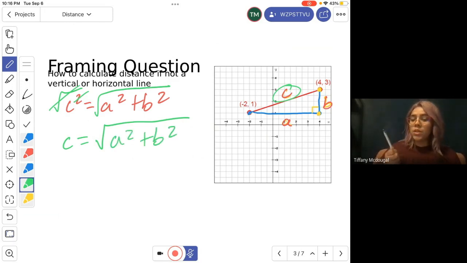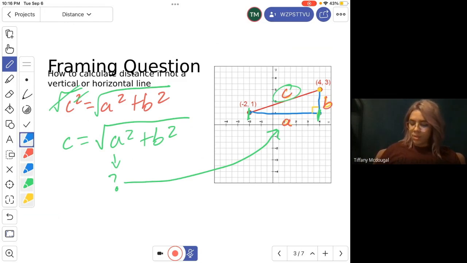And if we're truly looking at what is A, right? What's this? Well, that is from over here. That's the distance in the x. It's the difference in the x's. And same thing for B, right? What's this? Well, if I look over here, that's the distance in the y's.